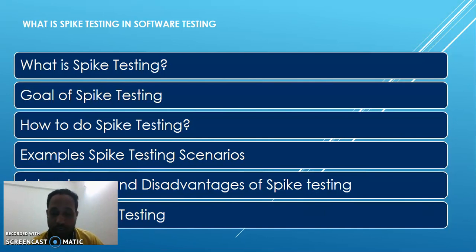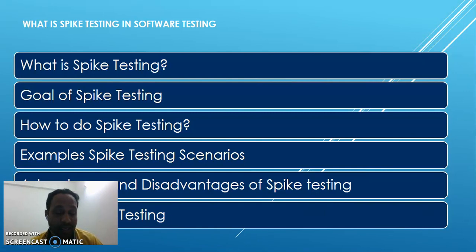So what exactly is spike testing all about? Spike testing is a type of performance testing in which the application is tested with an extreme increment and decrement in the load. Basically, whenever you run a test, you would want the maximum number of users to come in, and then immediately take it back to the normal state of execution.